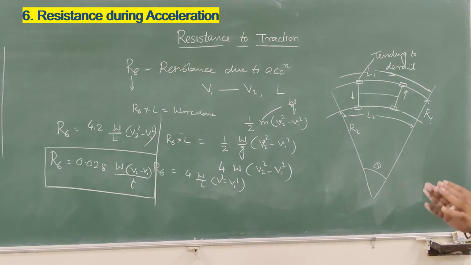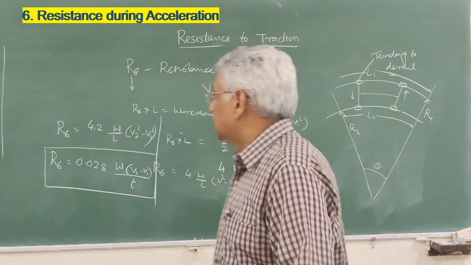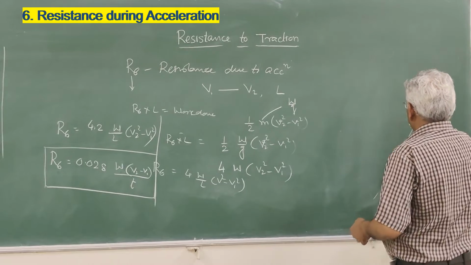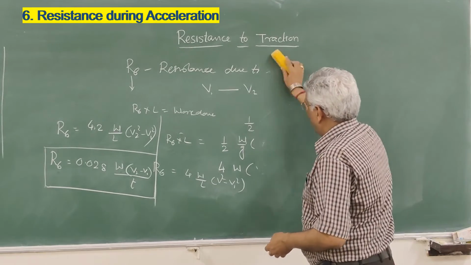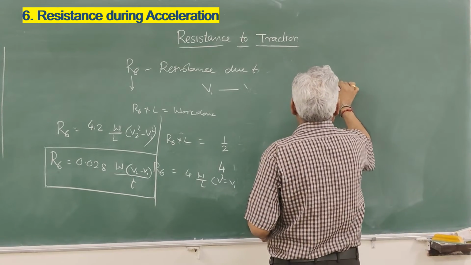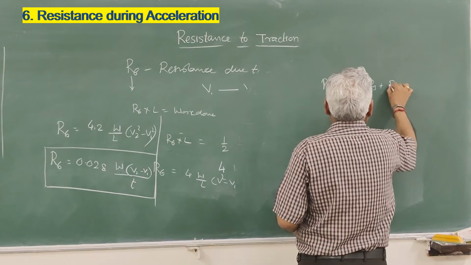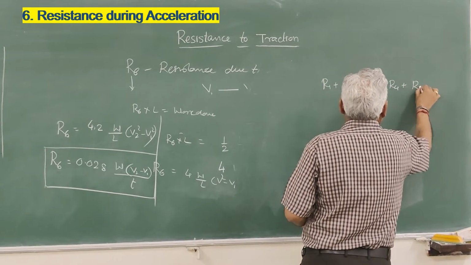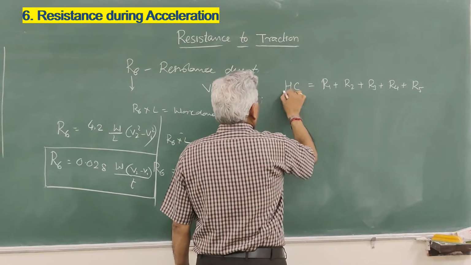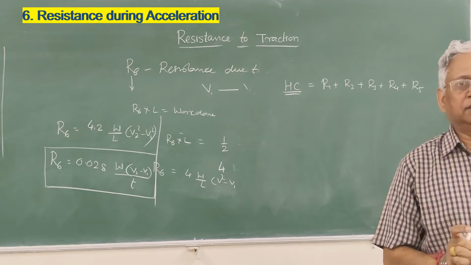Otherwise, the power of the locomotive should be sufficient to counter the first 5 resistances. That is R1 plus R2 plus R3 plus R4 plus R5. That should be equal to the holding capacity or power of the locomotive.